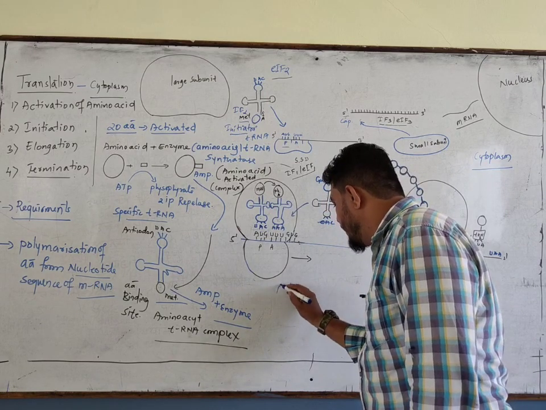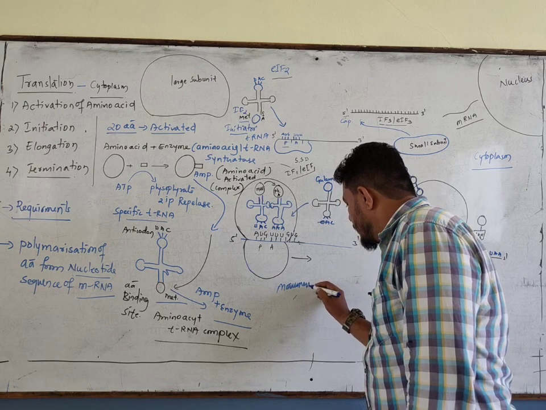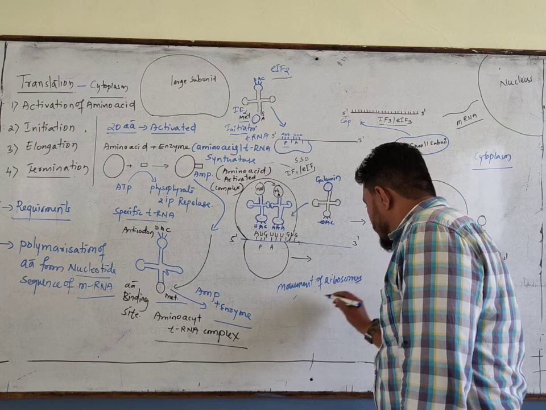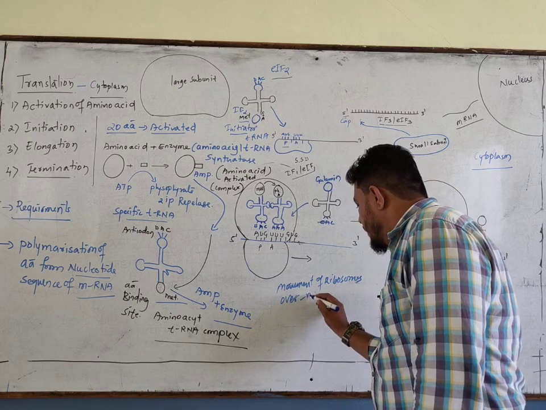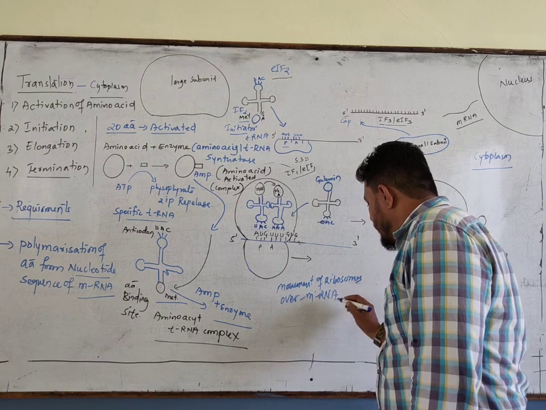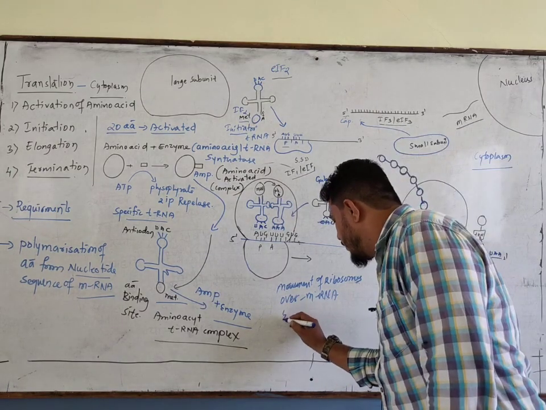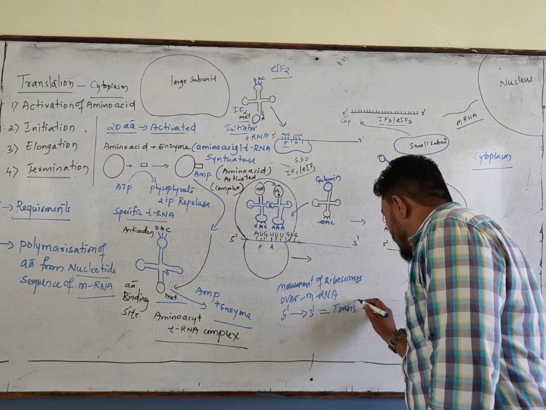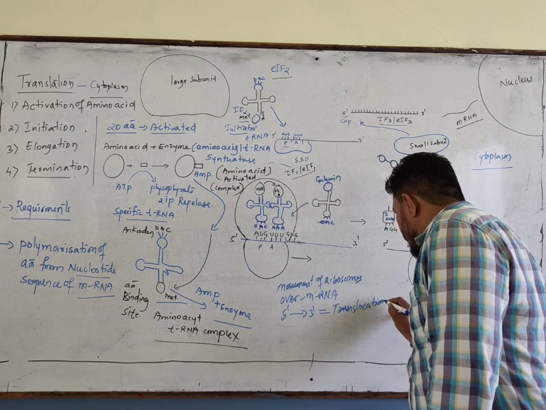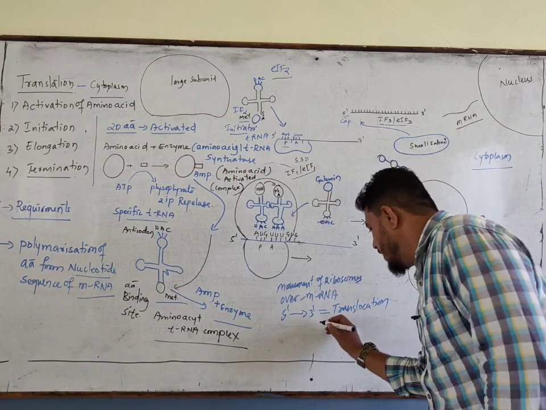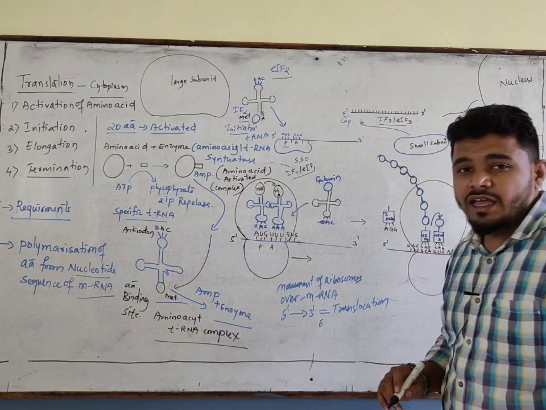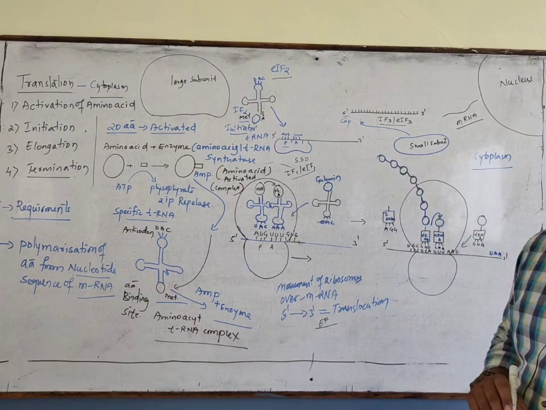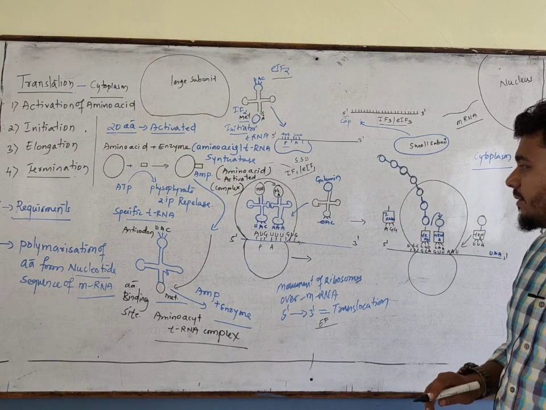That movement of the ribosomes over the mRNA from 5' to 3' is called translocation. We call this translocation, and it can be initiated by elongation factors. Elongation factors help with this.